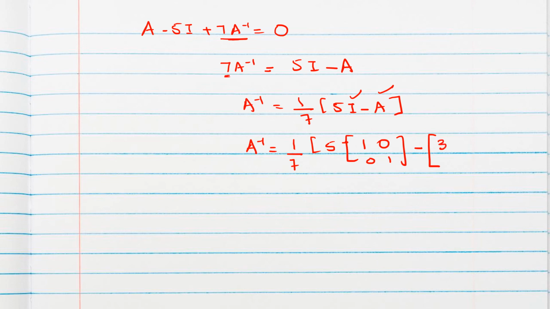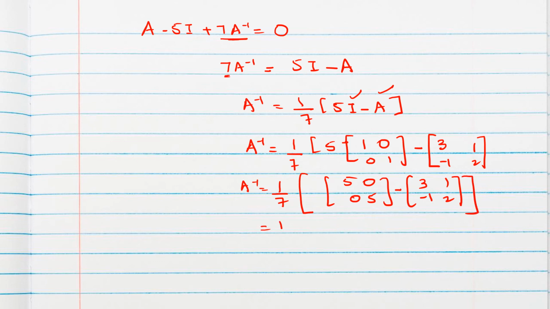A value is 3 1 minus 1 2. So A inverse will be 1 by 7. Here this matrix will be 5 0 0 5. Now subtraction of both the matrices. 5 minus 3 2, 0 minus 1 minus 1, 0 plus 1, 5 minus 2 is 3. So this is your A inverse.